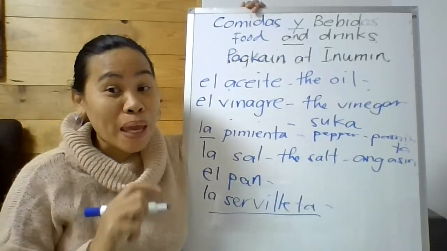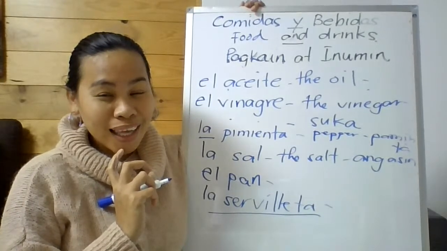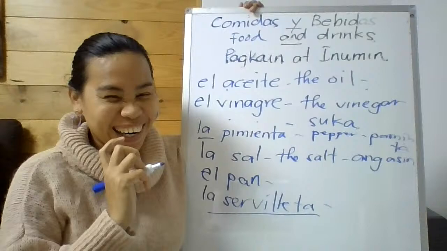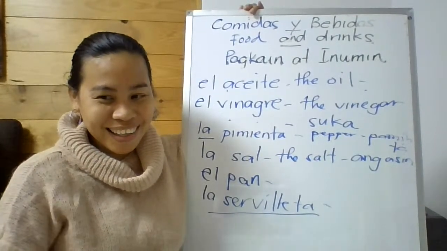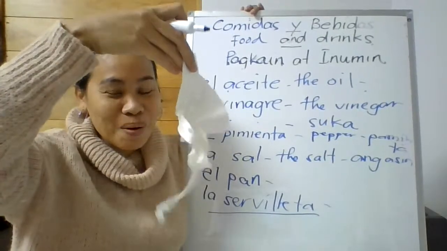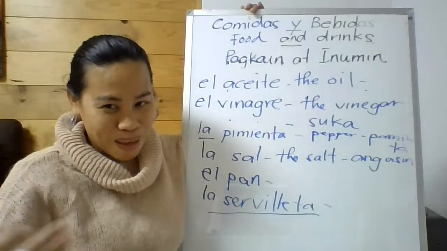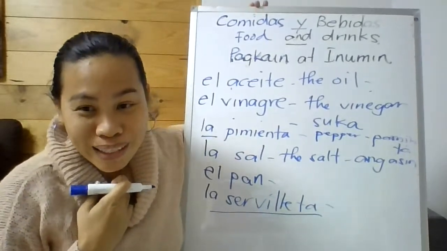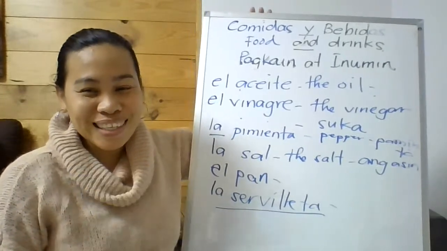And it's made of paper. It's a tissue paper. Table napkin, a tissue paper. Yeah, it's a tissue.